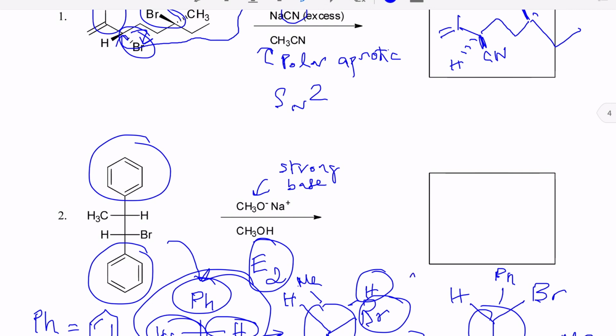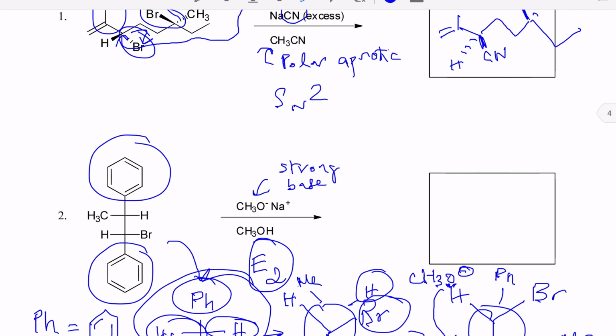So let's draw a little methoxide ion here. This methoxide ion, with its lone pair of electrons, sees this hydrogen atom and decides to take that proton.